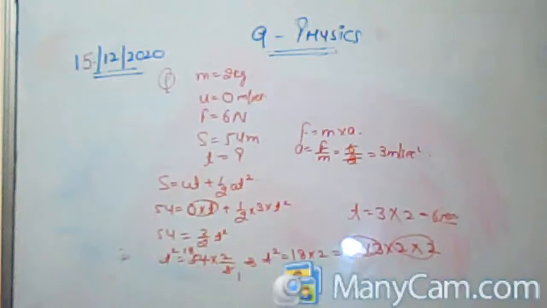Find the potential energy at the maximum height, and also find the maximum height attained by the ball. Keeping g equal to 10 meter per second square.